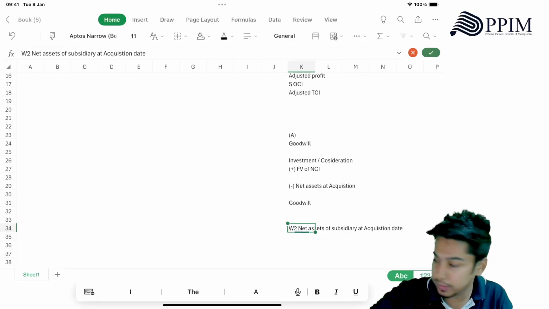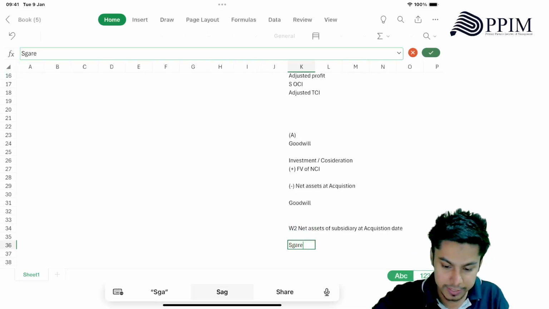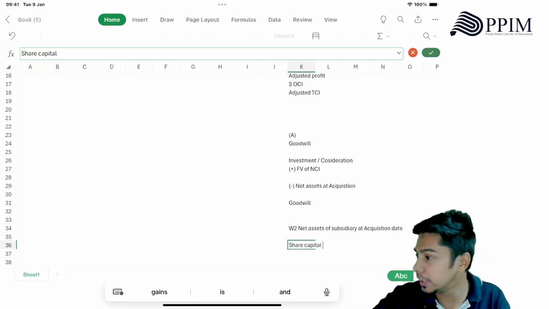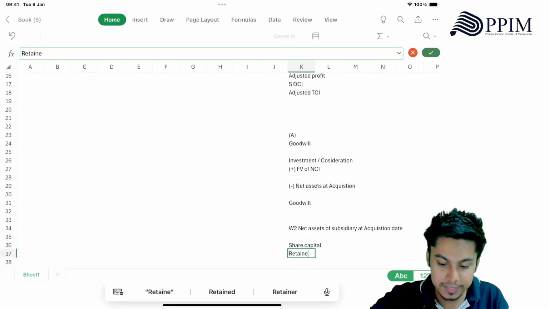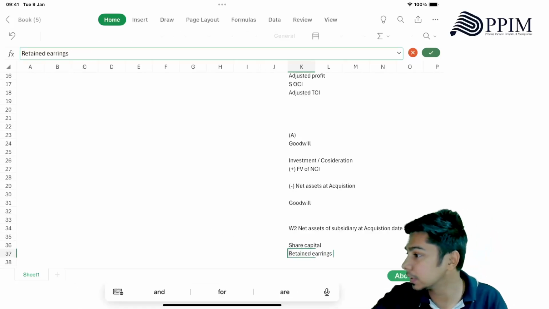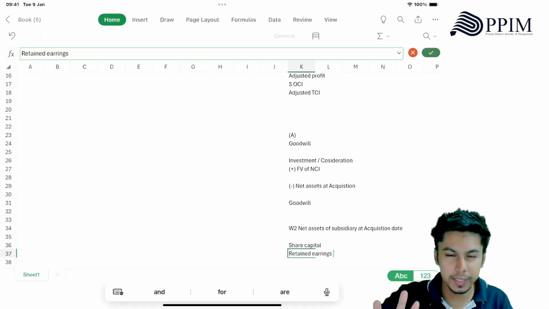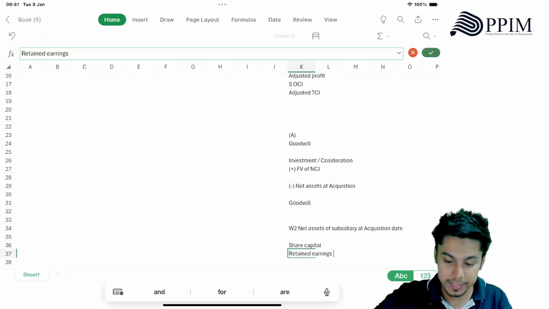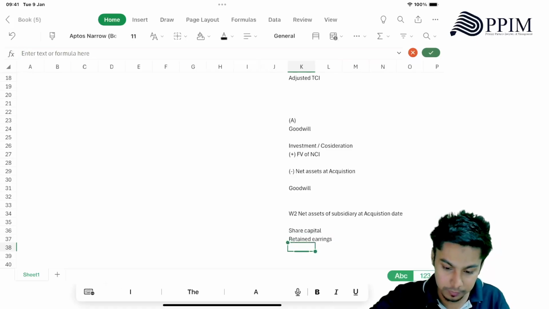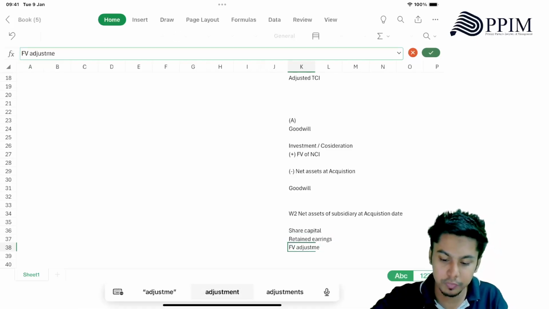Yeah, very good. Share capital will come. Good. And then, guys, what else will come? Very good. Retained earnings will come. That's correct. Guys, anything else that can come for this one? Yeah, revaluation. Correct. Fair value adjustment. Good.